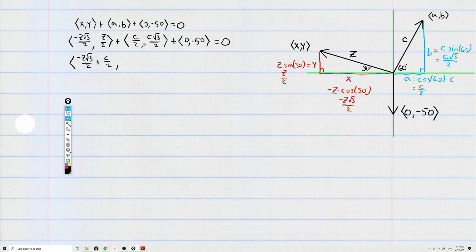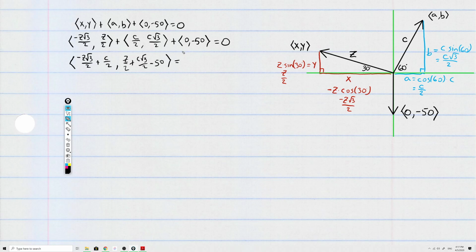And now I add the second components together. So that's z over 2 plus c square root 3 over 2 minus 50.